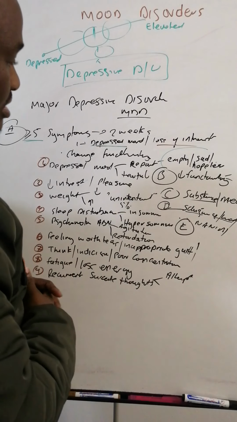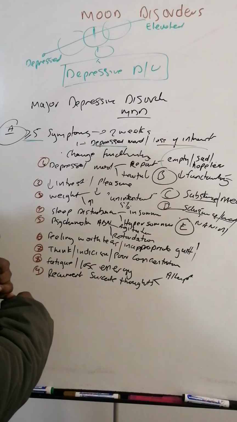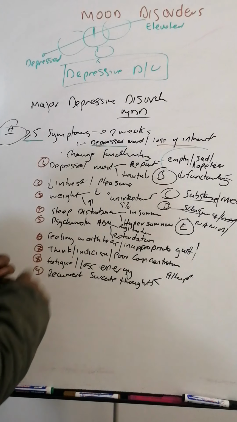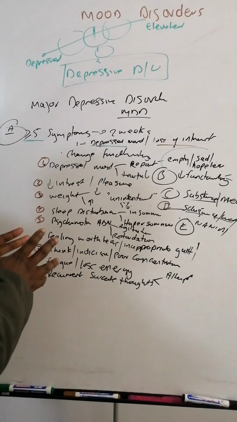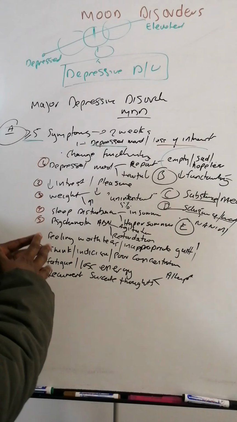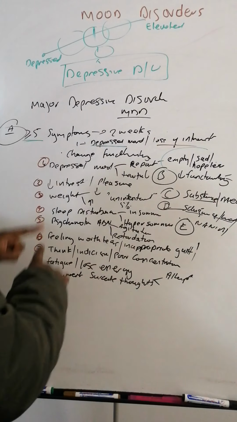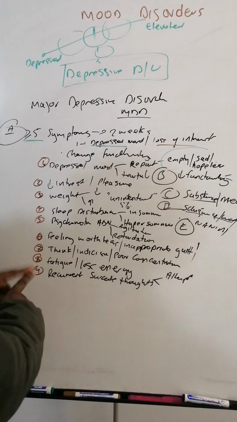And then when you come to criteria B, there must be a significant reduction in functionality, like I said, at work or at school, or in any of the major functional aspects of the patient. Criteria C says that these symptoms must not be better explained by a substance or any other medication.